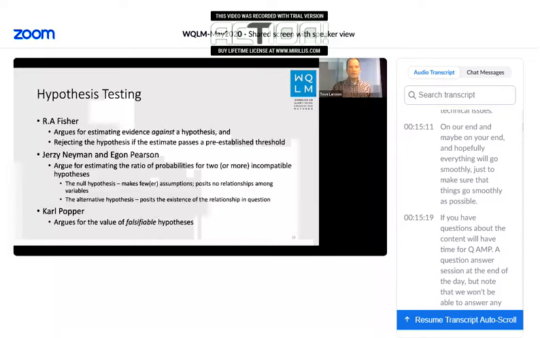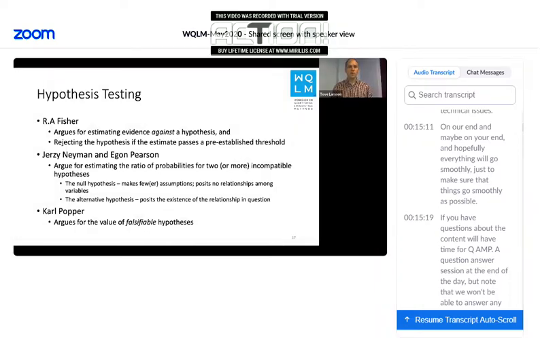With that, we'll start zooming in a little bit on some of the questions that were raised probably within that last slide. So what is hypothesis testing and why are hypotheses important?